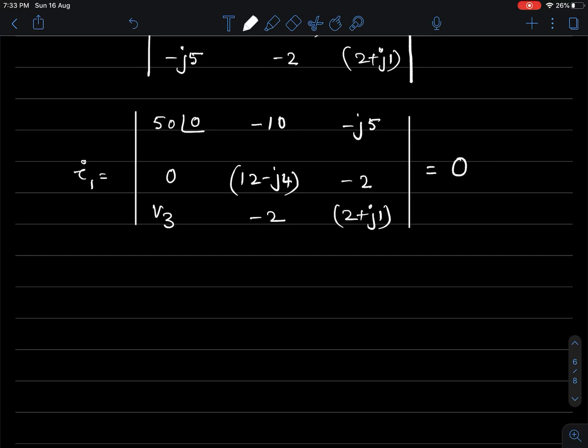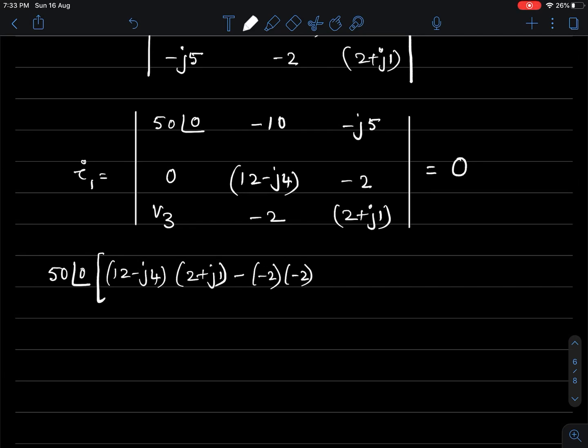We write this as it is, 50 at an angle 0. I need to be a little careful because I am prone to errors. This is 12 minus J4 multiplied with 2 plus J1, minus, you have minus 2 into minus 2.